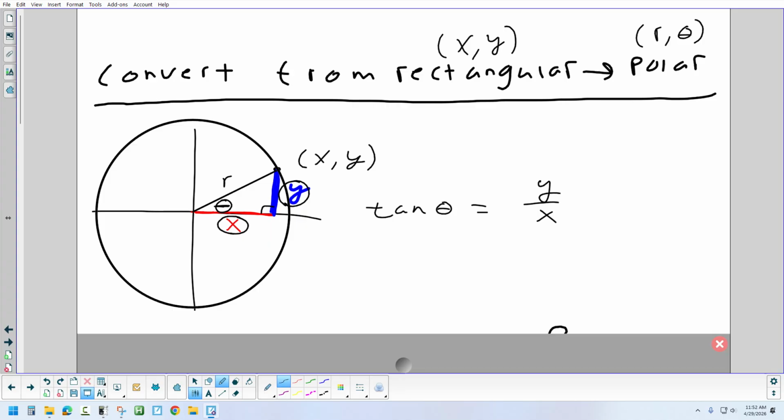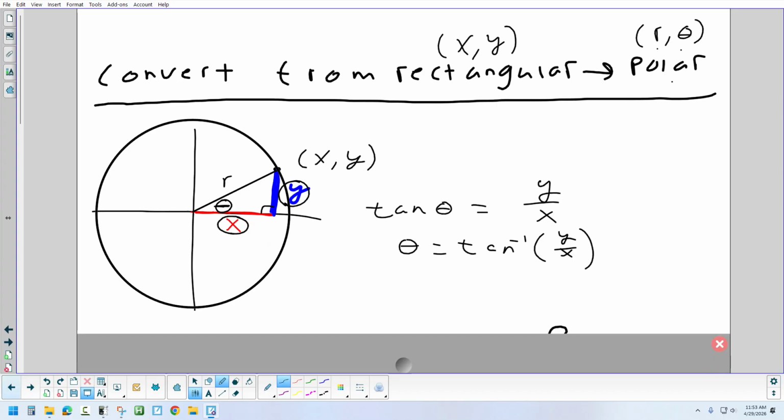Because it's a function, we can't divide. Take the inverse of tangent. You have to take the inverse tangent on both sides. That is how you calculate your angle. So I'm going to write this nicely, but that's where the formula is going to come from. Inverse tangent will calculate the angle. Pythagorean theorem will calculate the r.